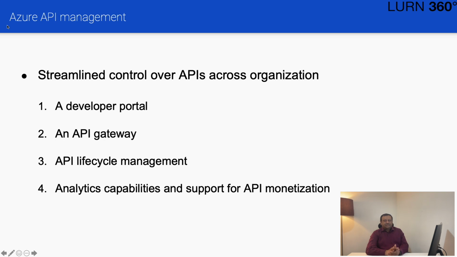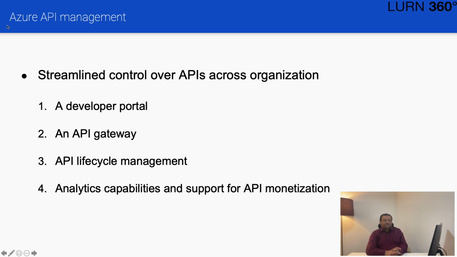So that's why analytics is a key component of any API management tool, along with being able to monetize your APIs, right? You build all these functionalities and you are ready to sell them to your customers, right? But API management tools should be capable enough to let you sell your APIs, right?